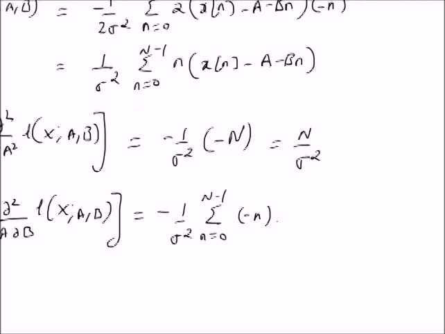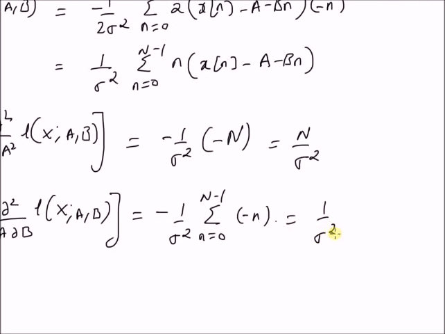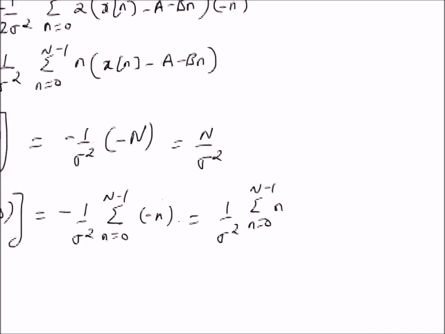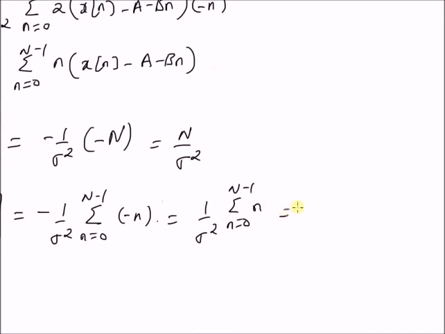So clearly this is equal to 1 by sigma squared summation n equal to 0 to N minus 1 of n. That is the sum of the first N minus 1 natural numbers, or first N minus 1 whole numbers, which is clearly equal to N minus 1 into N divided by 2, over sigma squared.